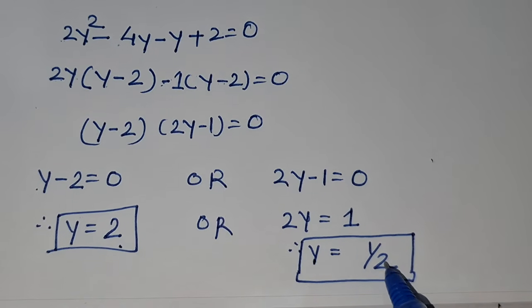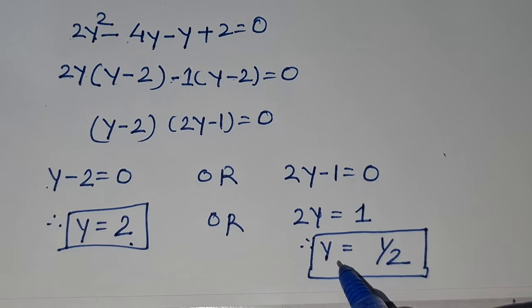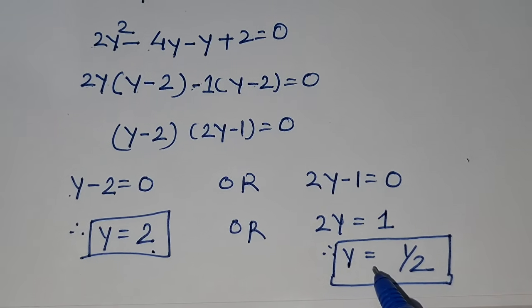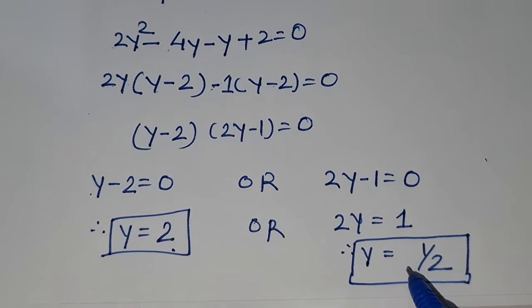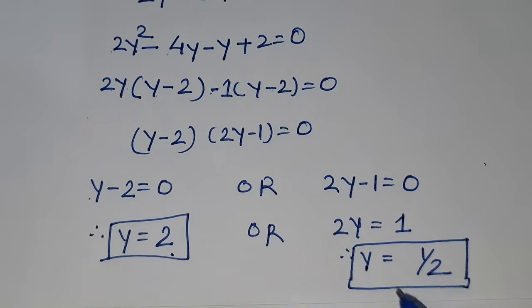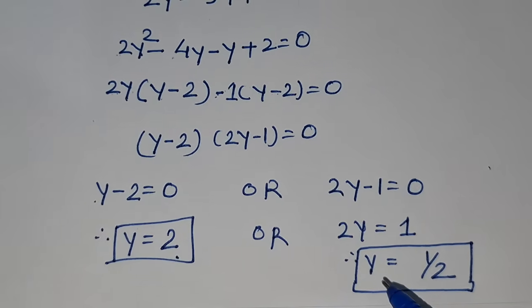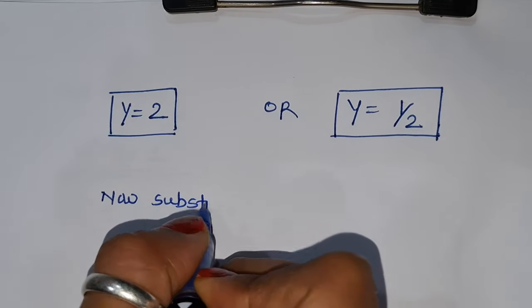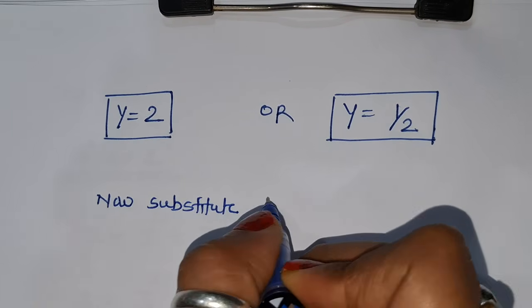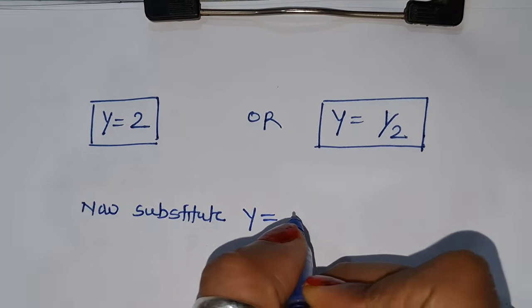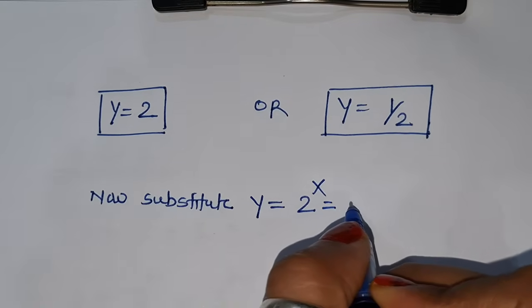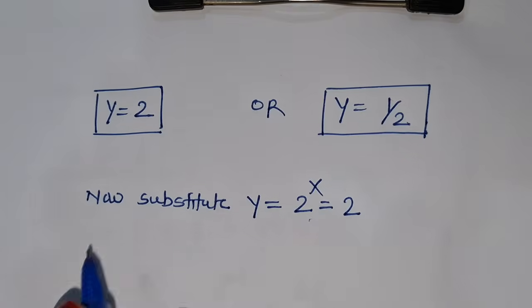But we have to substitute the value of y according to equation 1, because we already considered that y is equal to 2 power x. So we have to consider these two equations. Now substitute y is equal to 2 power x, is equal to 2 from equation 1.